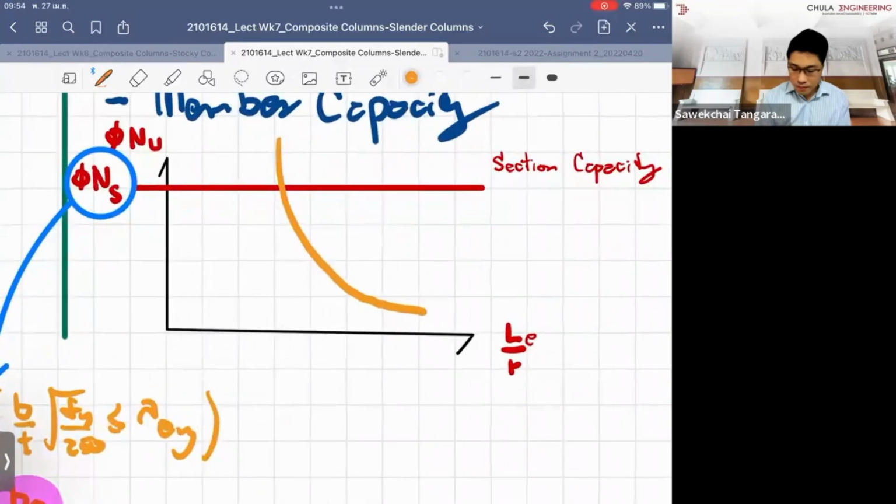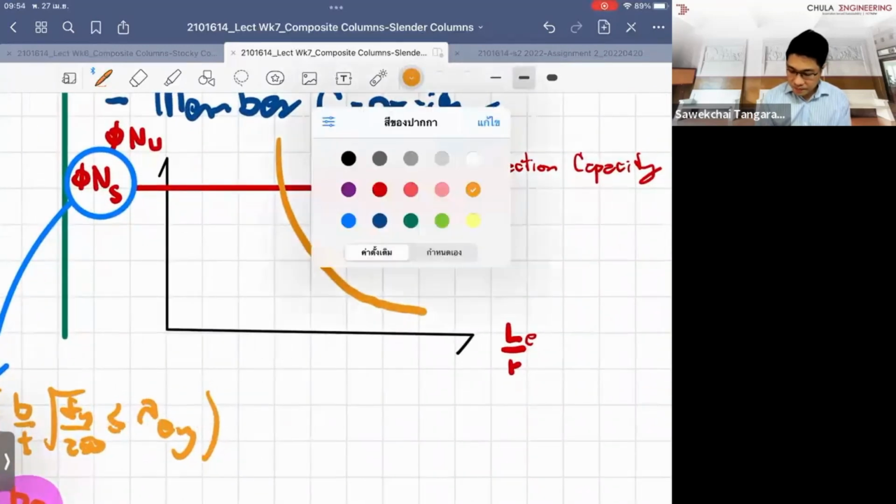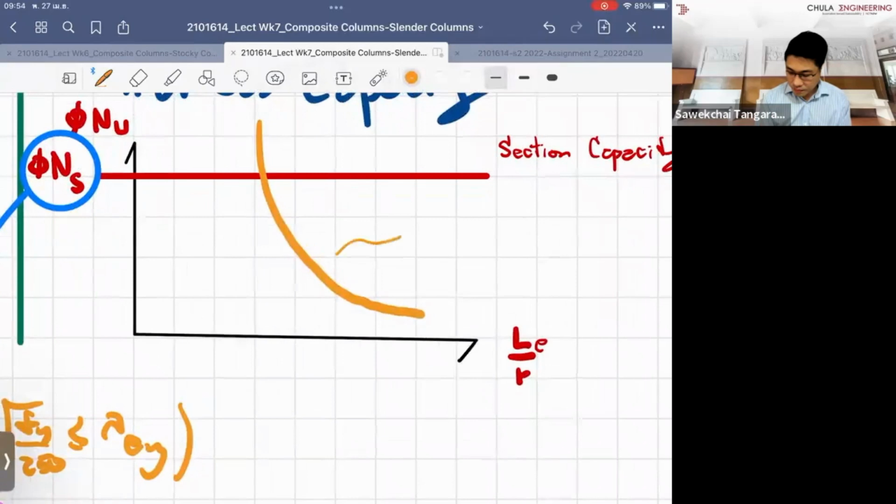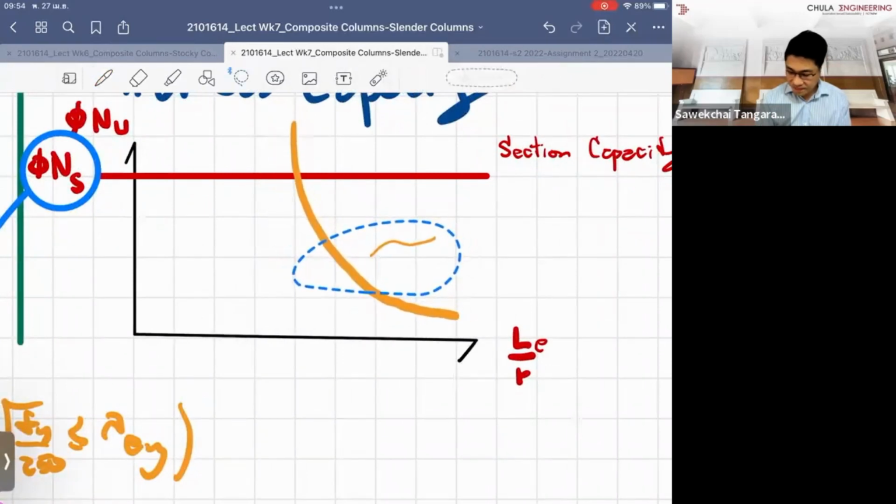The calculation of this equation is typically coming from the Euler buckling.